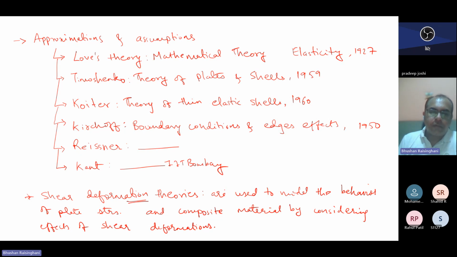That will help you to take it to a higher level because there are first order shear deformation theory, second order, third, fourth, and fifth. Most of the research that you will see is on the fourth order.